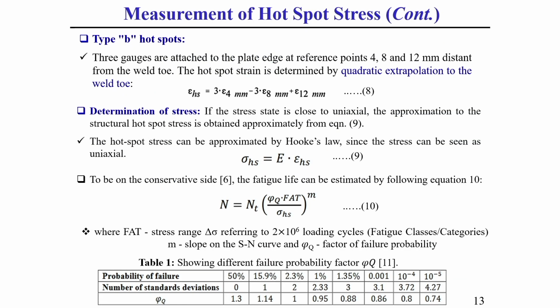Similarly, for type B also the same procedure we need to use. Here also we need to place the strain gauge at a distance of 4 mm, 8 mm and 12 mm. At these points we need to measure the strain values, epsilon 4, epsilon 8 and epsilon 12.